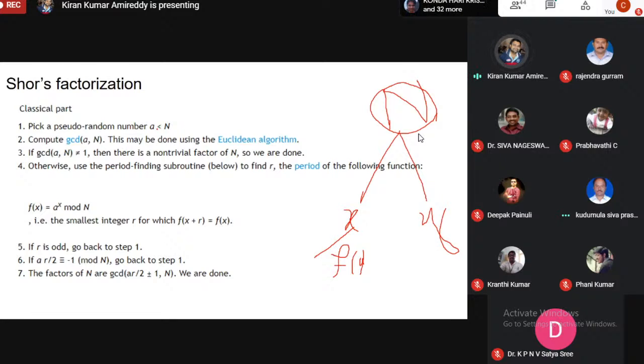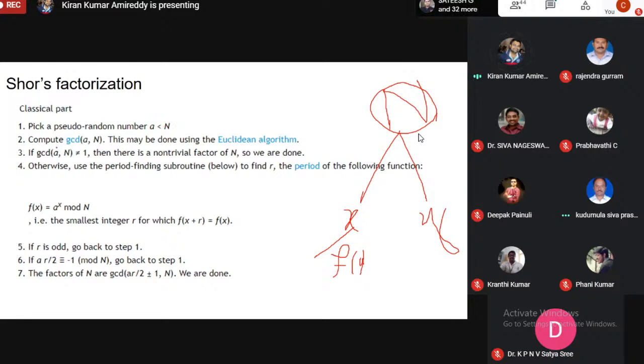The number itself and 1 are factors, so we are looking for the prime factor. That means the random number can be less than or equal to n; equal means it is the same number. So when we take a random number, we first check that it is less than that number.